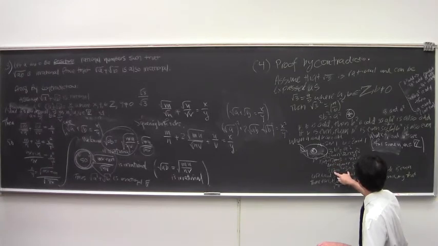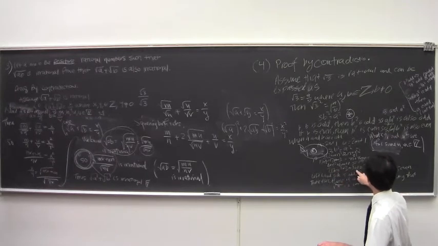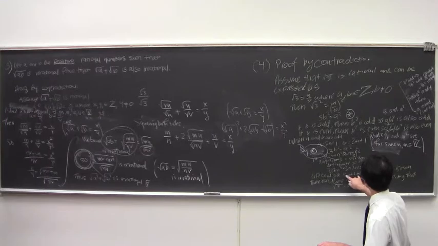And then you say 2 times (3m squared plus 3m plus 1) equals 2 times (n squared plus n). The left-hand side is odd. It's an even number plus 1. And the right-hand side is even. Therefore, there's a contradiction.